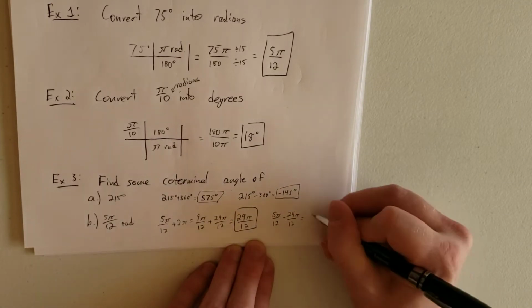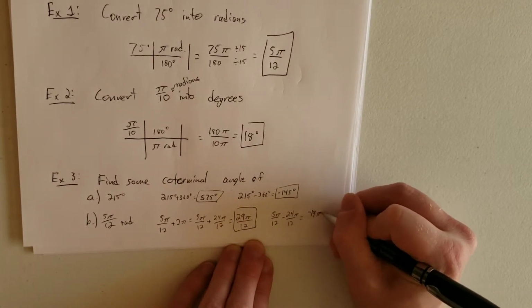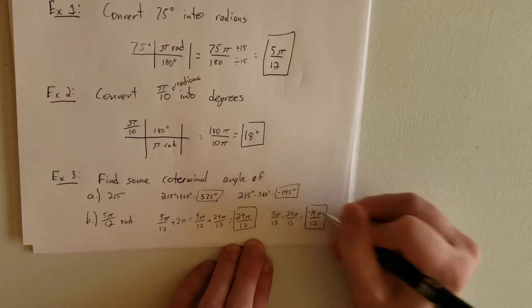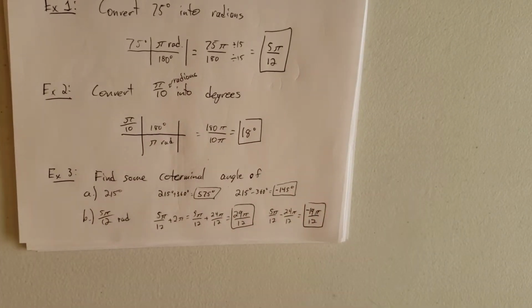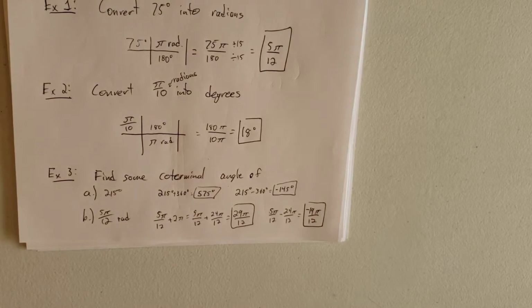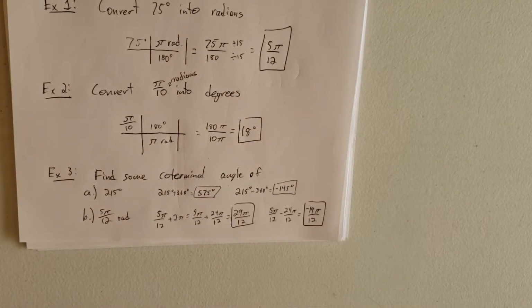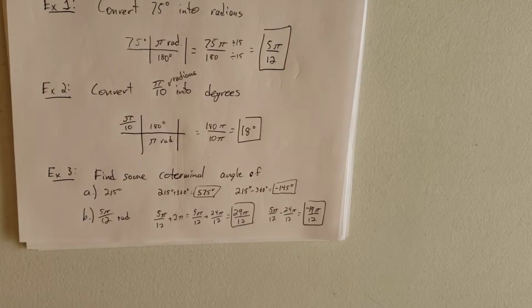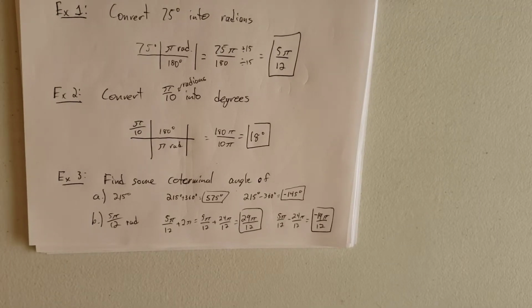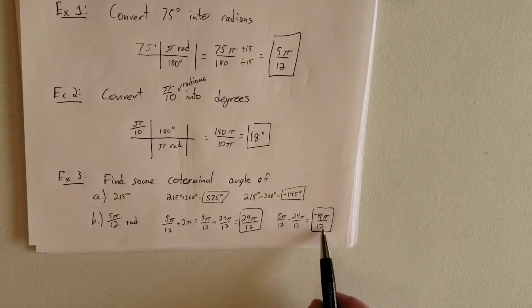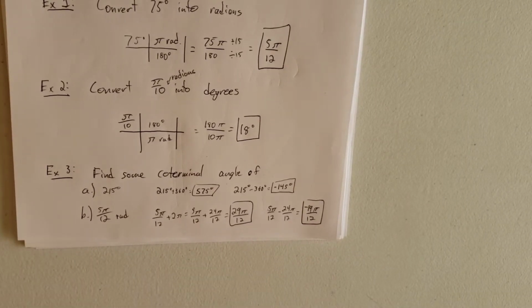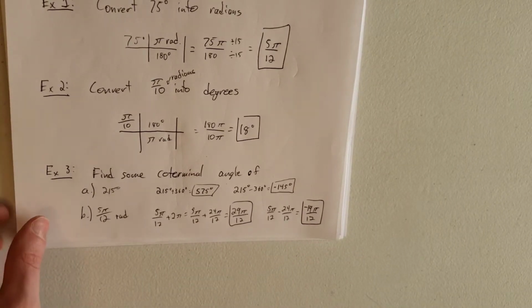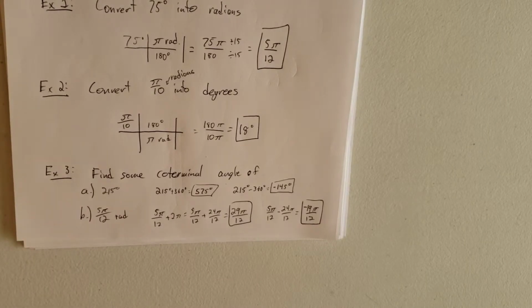So 5 minus 24 is a negative 19. We get negative 19 pi over 12. And we've now found two coterminal angles to 5 pi over 12, all in radians. Again, we can continue to add or subtract 2 pi from these values to find more coterminal angles for 5 pi over 12. So if you need to find more, you can.